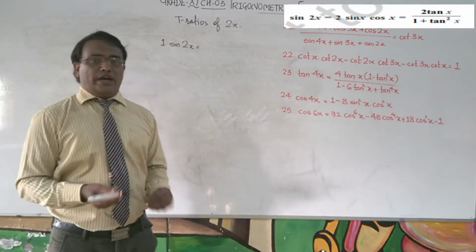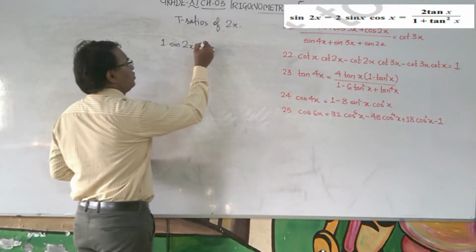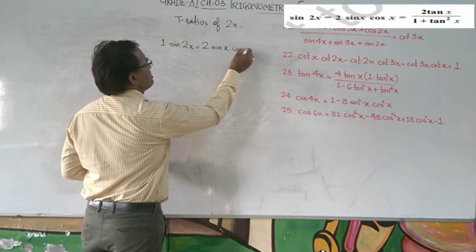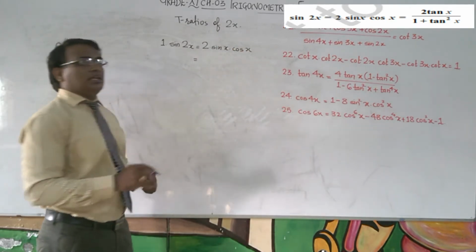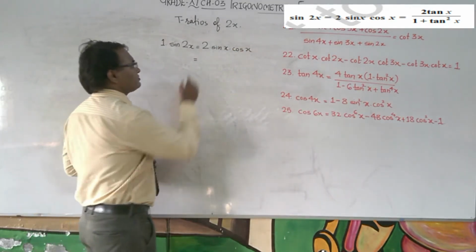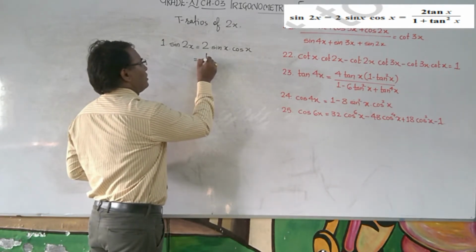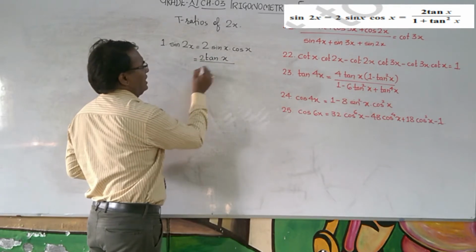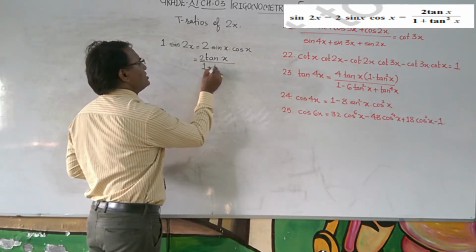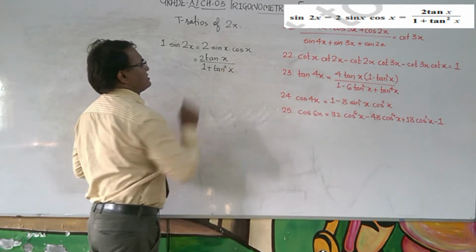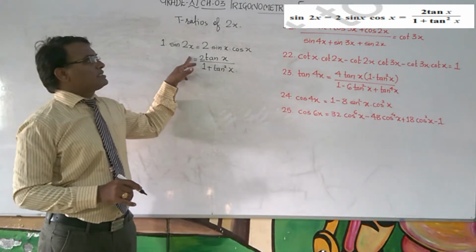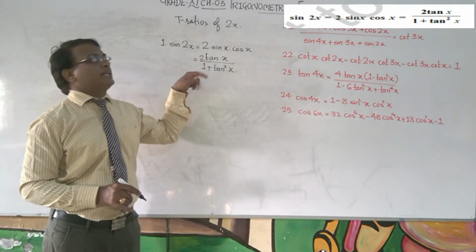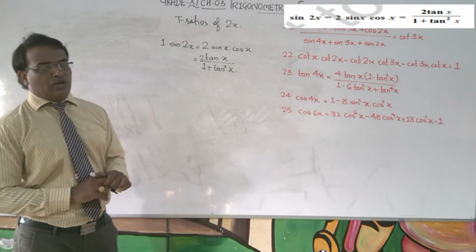Now sin 2x is equal to 2 into sin x into cos x, and it takes the form of 2 tan x upon 1 plus tan square x. So sin 2x will be 2 sin x cos x, or it will be 2 tan x upon 1 plus tan square x.